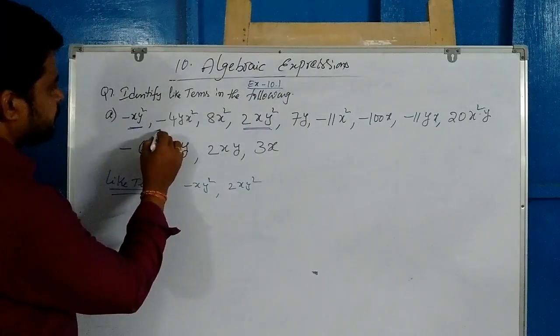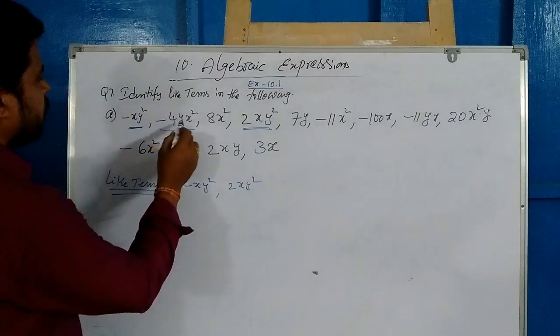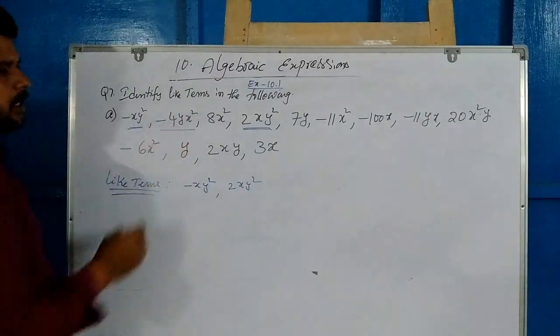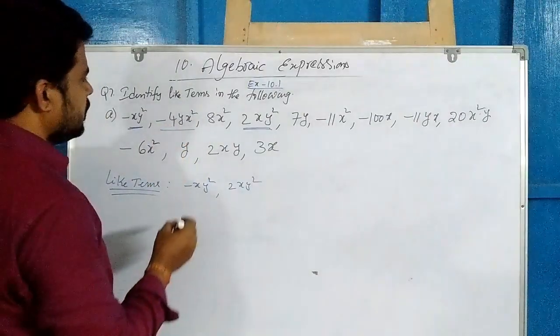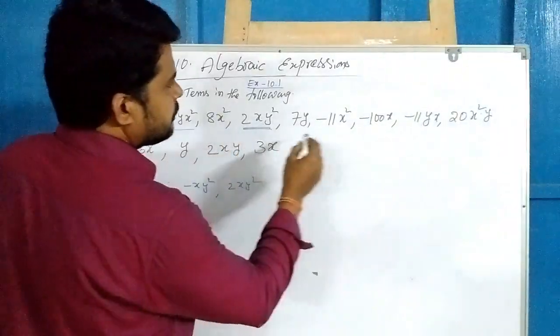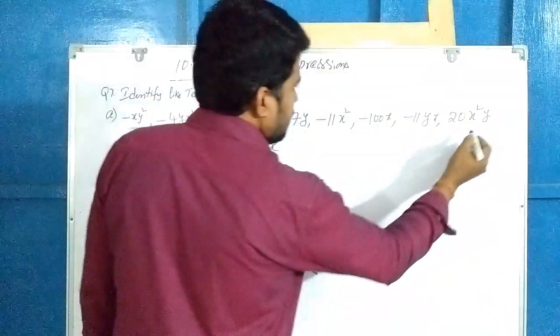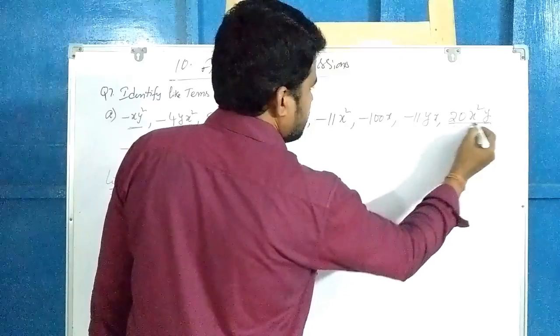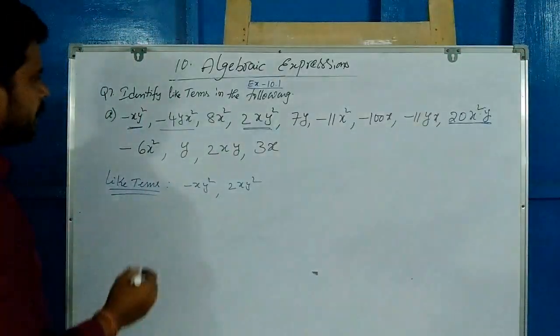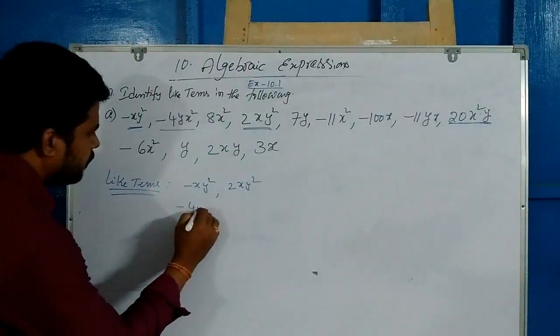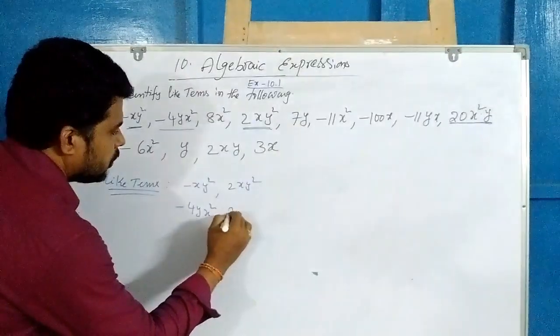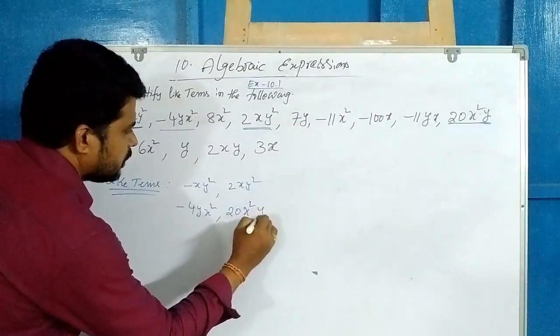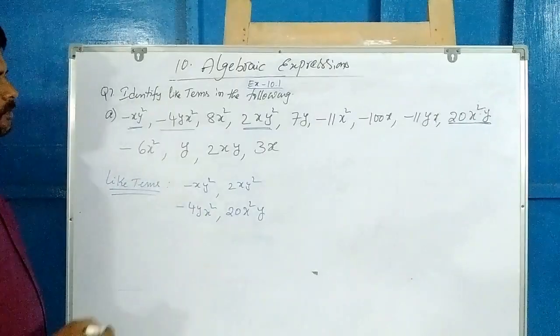What is the second one? 4 y x square, and 2 y x square. See here, y x square. So these two are like terms. 4 y x square, 20 x square y, both are like terms.